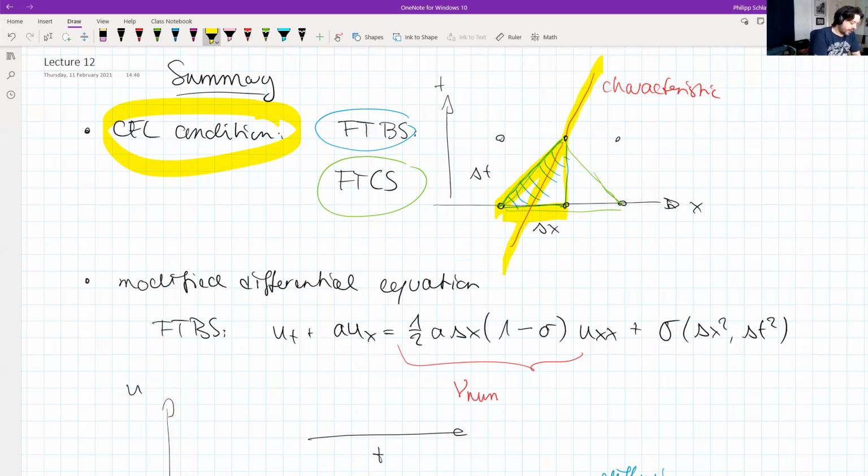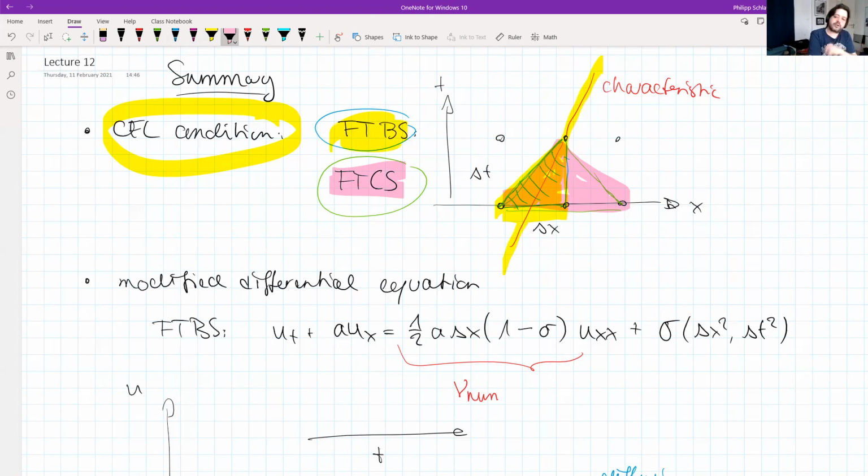So that means for the forward time backward space scheme, we'll get this triangle here. And if we look at, for instance, the forward time central space scheme, we would get this triangle. So for the characteristic that I have noted here, so an A that is positive, both of these schemes now would be stable when it comes to the CFL condition.